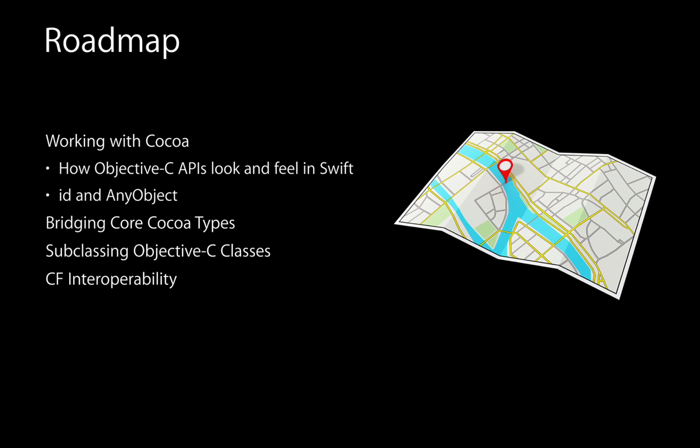Then we're going to talk about bridging of the core Cocoa data types, NSArray, NSDictionary, NSString, into their Swift native equivalents. Then we'll move on to subclassing, so writing Swift classes that subclass from Objective-C and how they're mapped back into Objective-C so that you can use these two languages together. And finally, we're going to talk about Core Foundation, Core Graphics, and this general notion of CF interoperability within the Swift programming language.